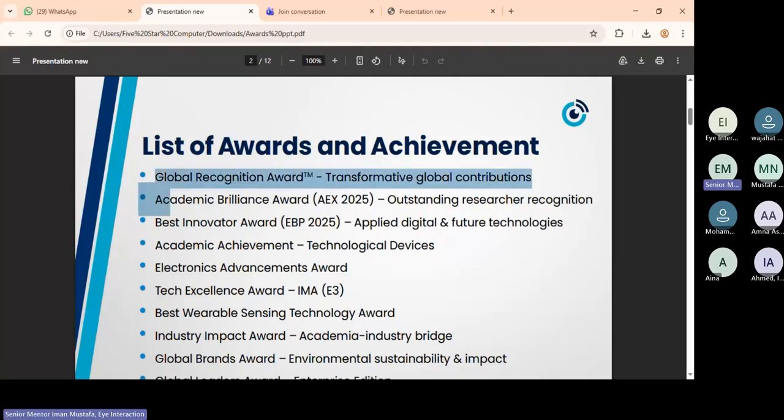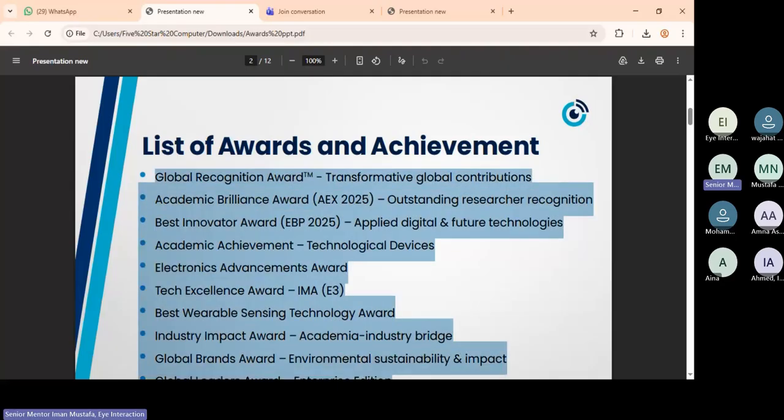As you see on my screen, these are some types of awards, right? There are four major categories of awards. The first is Academic Excellence Award. The second one is Innovation and Technology Award. The third one is Industry Impact Awards. And the fourth one is Sustainability and Leadership Awards, right?